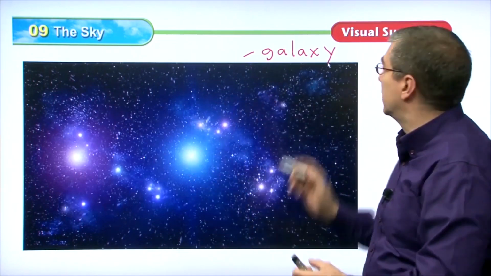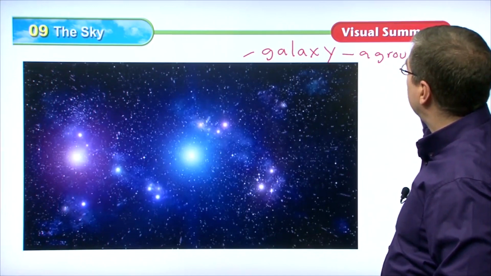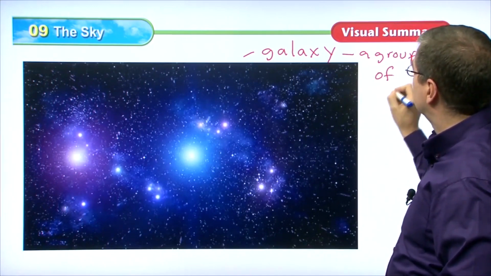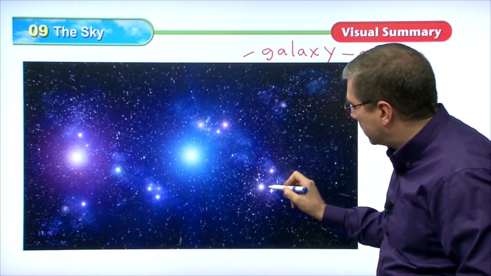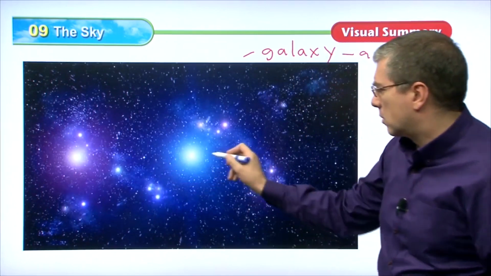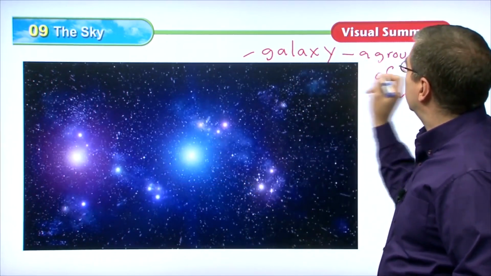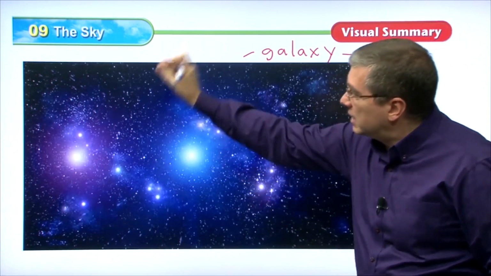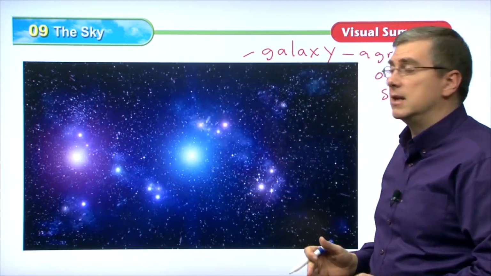It's a group of stars. So these bright objects are galaxies, okay? And maybe we're going towards a star there. I'm not sure if that's another galaxy or not. But a galaxy is a group of stars. And these individual stars that are going by us are in the galaxy that we're in.